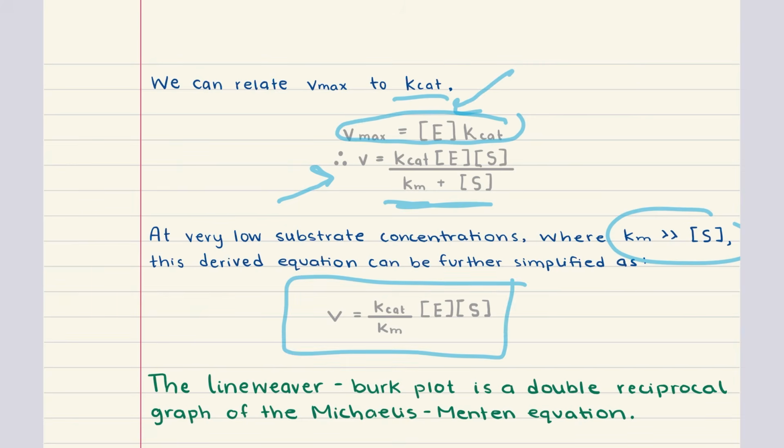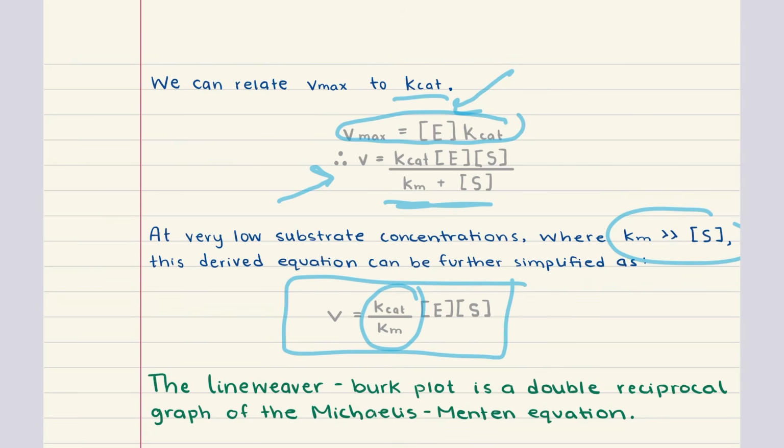This simplified form is often used to describe reaction rates when substrate is limiting. So here, Kcat divided by Km is referred to as the catalytic efficiency of the enzyme. A large Kcat or a small Km is going to result in a higher catalytic efficiency, which indicates a more efficient enzyme.